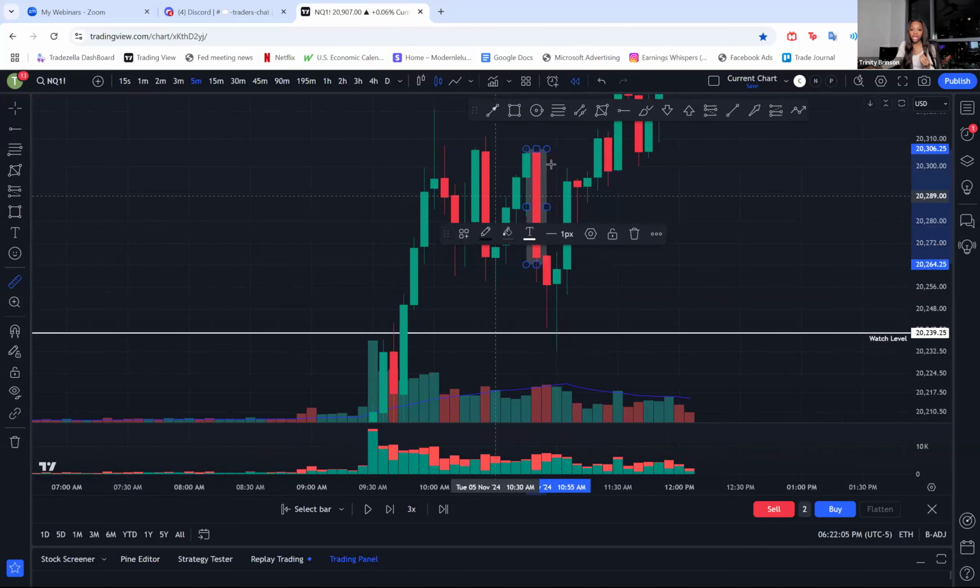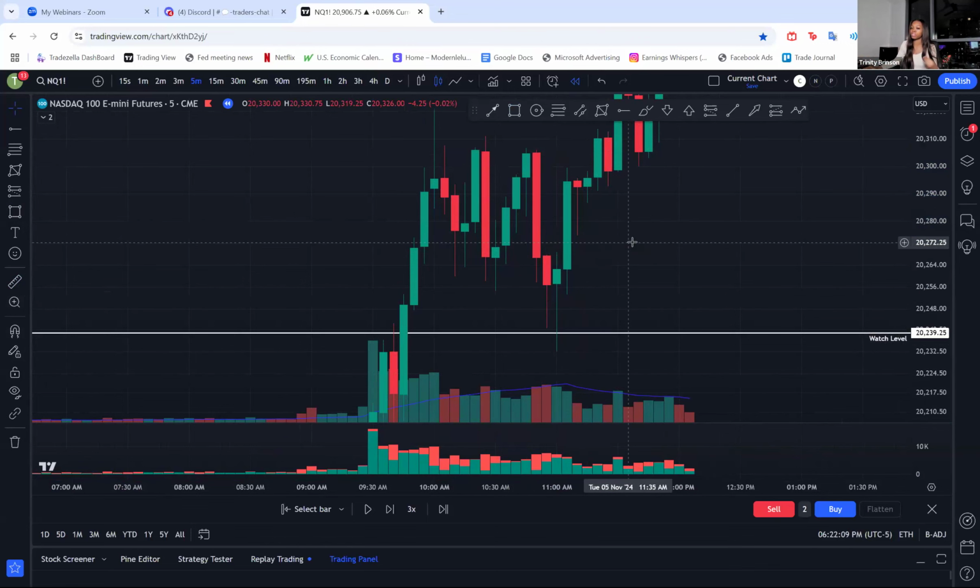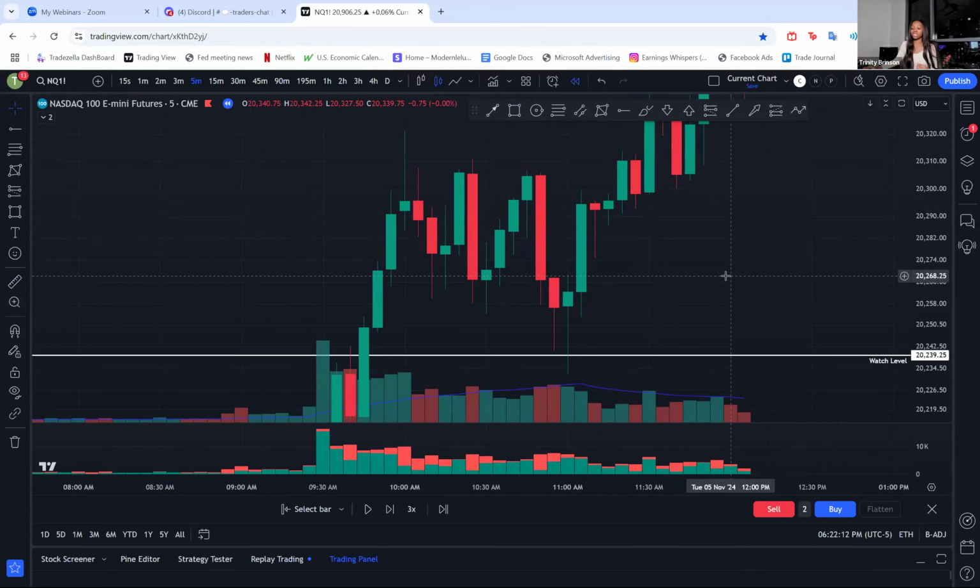Okay, so for the person who asked how many ticks it needs to be, this one here is only 150 ticks. So it's a little different from supply and demand. I'm not necessarily looking for this 300 tick move for it to be considered valid, because within this 5 minute candle, we have a nice imbalance. It doesn't need to be huge.